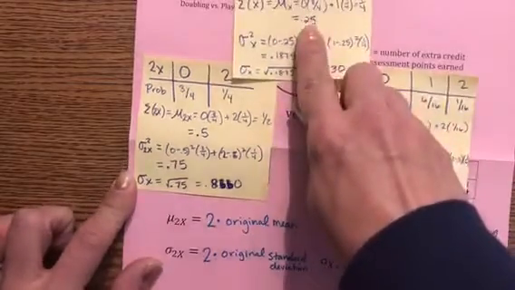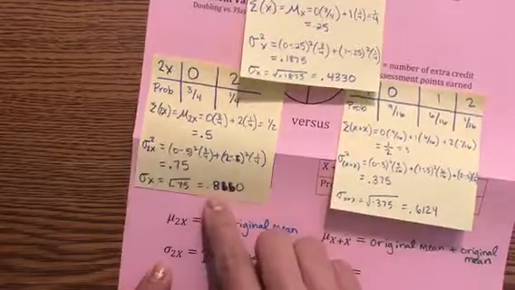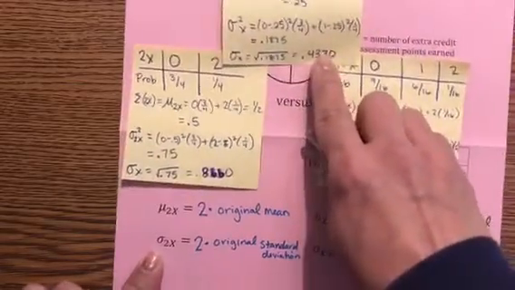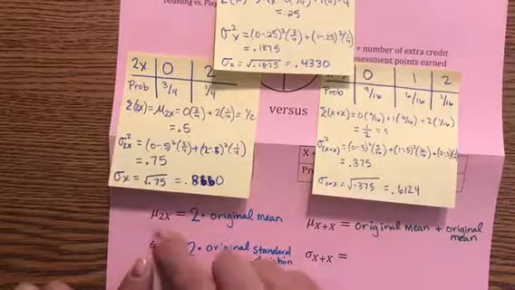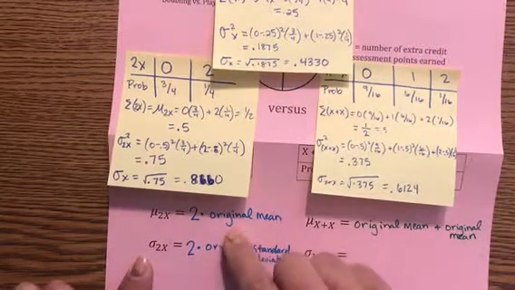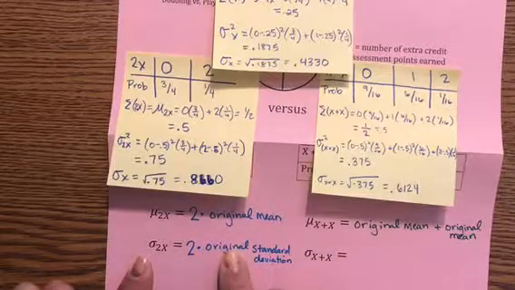Remember, the original mean was 0.25. For the standard deviation, we got 0.8660. Well, that is just twice the original standard deviation. So the scale factor of 2 is just going to be a scale factor on the original mean and on the original standard deviation.